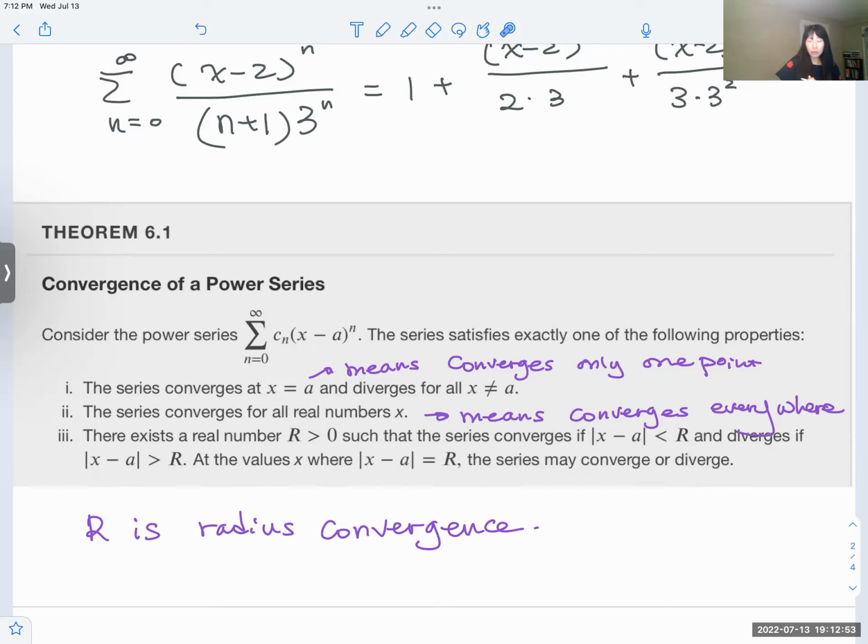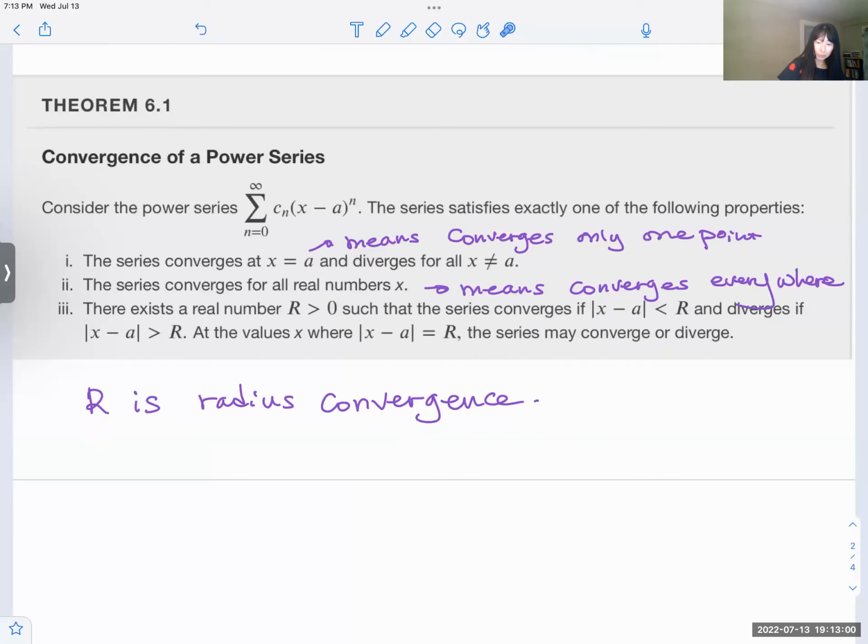Let me write down the interval of convergence.